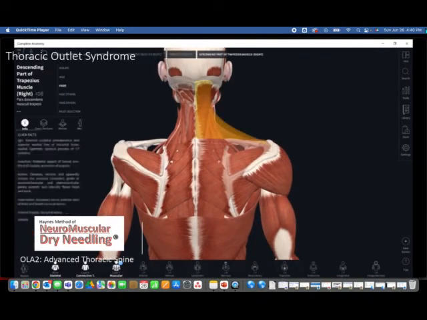Serratus anterior can also be needled in the prone position on the anterior surface of the scapula. And then our tertiary locations would be rhomboid major and minor, and then levator scapulae. And then our spinal segmental locations would be everything from C5 down to T1.